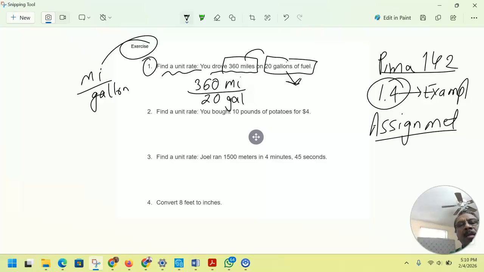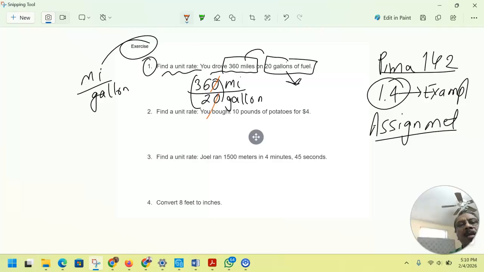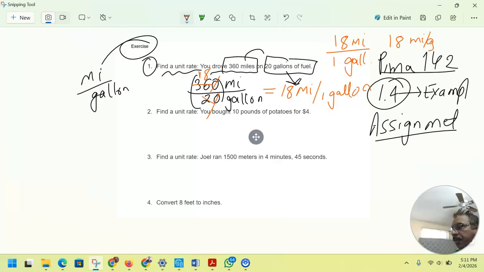If there is a zero, you can just cross this out. Half of 36 is 18. So your answer becomes 18 miles per 1 gallon. Either you write it this way, or you just write 18 miles per 1 gallon, or in short, 18 miles per gallon.